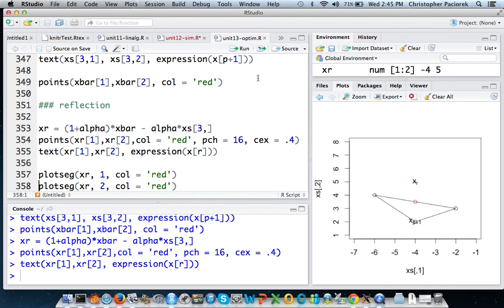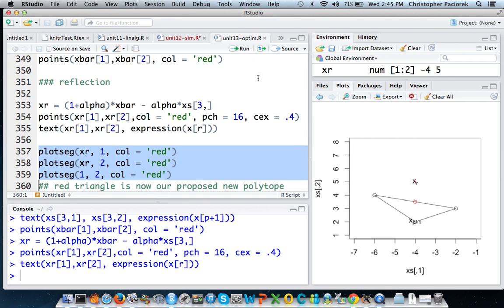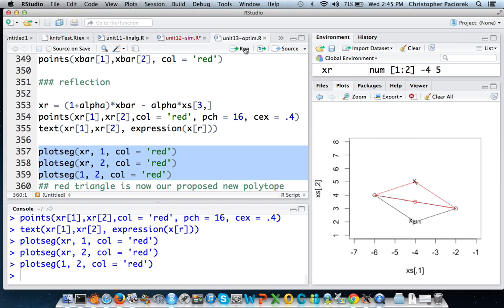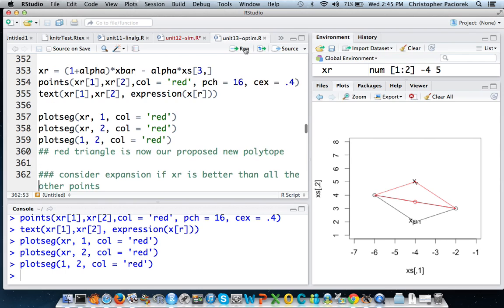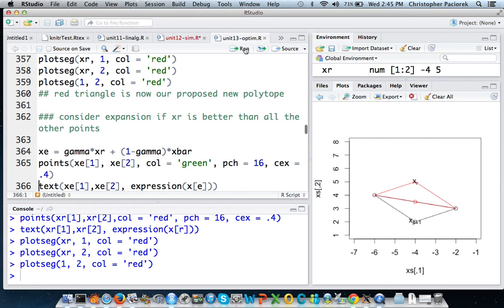So what the algorithm says is, this is our proposed new polytope, our new triangle in this case. And the question is, should I use that new red triangle, or have I gone too far? Basically, you evaluate the value of the function at this point relative to the points you've already calculated.